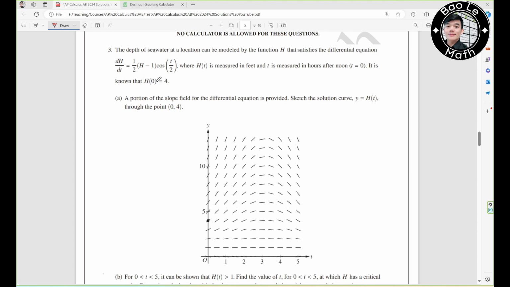It's known that h of 0 is equal to 4. A portion of the slope field for the differential equation is provided. Sketch the solution curve y equals h of t through the point (0, 4). So point (0, 4) is going to be right here. Now we need to sketch the solution curve. So it's going to be like this.